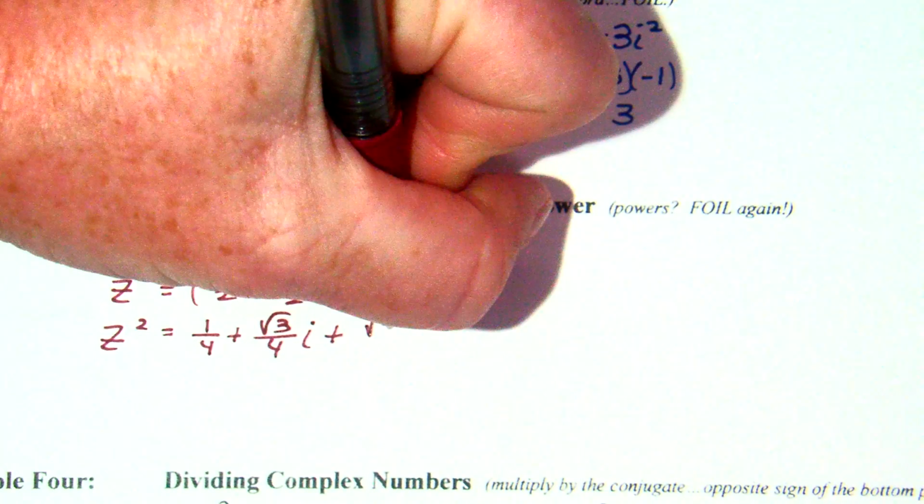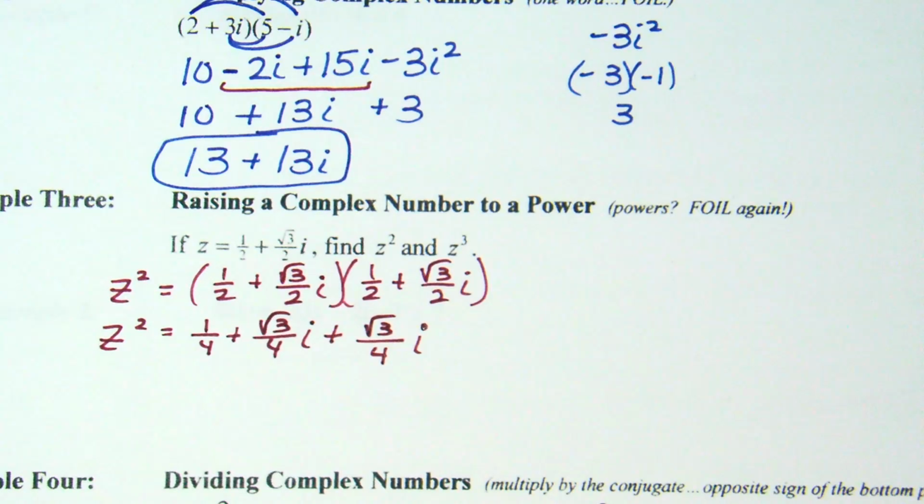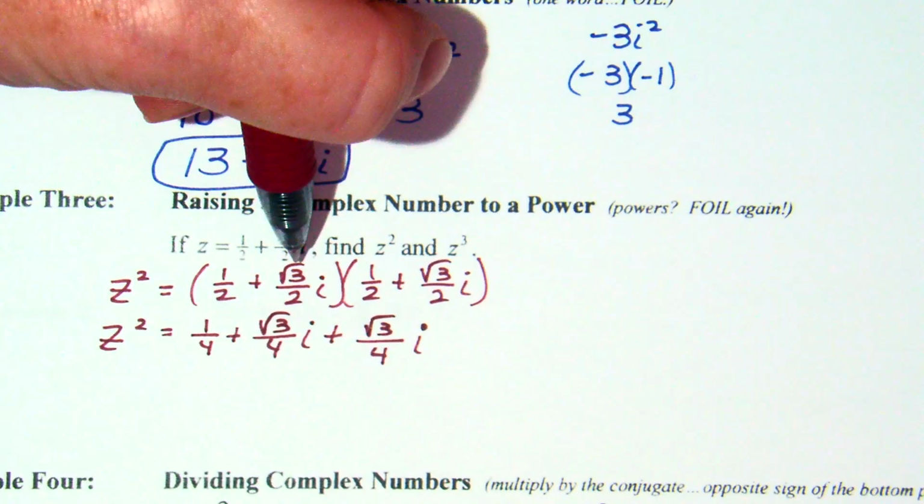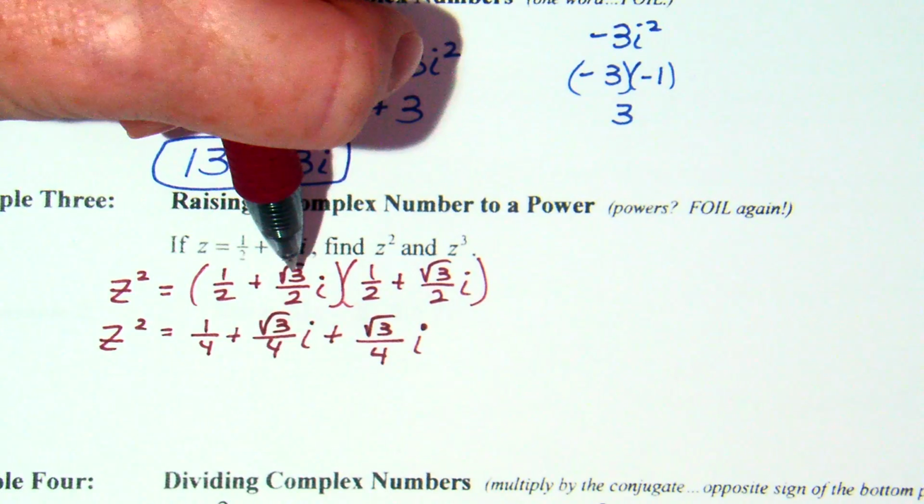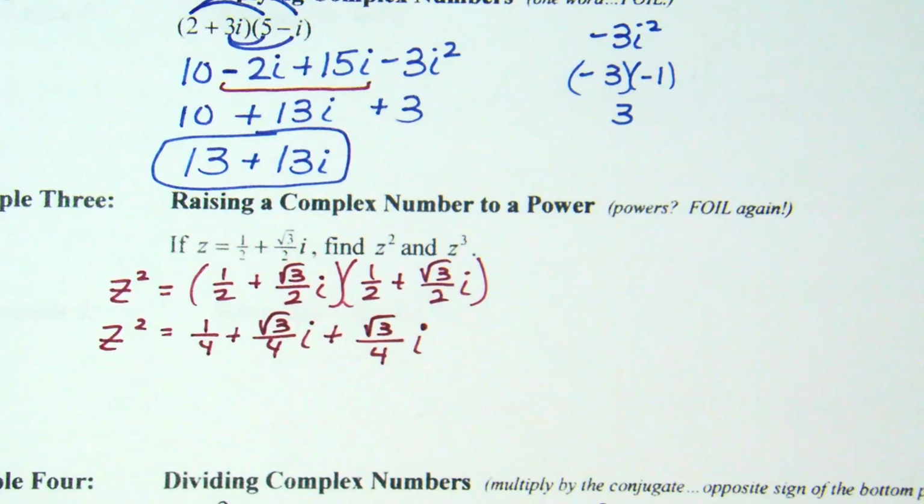What is radical 3 times radical 3? 3. Can we just say 3? Because square root of 3 times square root of 3, if you want to think officially, is square root of 9. But what do you know about the square root of 9? Turns out to be 3. So I'm all for, when you see square root of 3 times square root of 3, let's just say that it is 3. 2 times 2 in my denominator, 4. i times i. i squared.